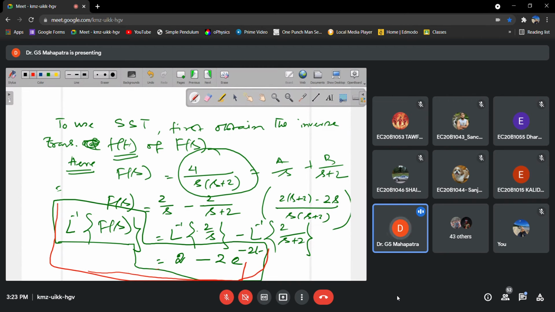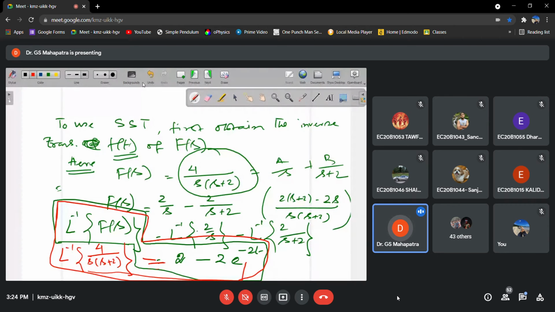Actually now we know the inverse Laplace transform of capital F of s, that means the inverse Laplace transform of 4 by s into s plus 2, which we already know: 2 minus 2 into e to the power minus twice t. We will not do any arithmetic operation over here. Let it be like that only.